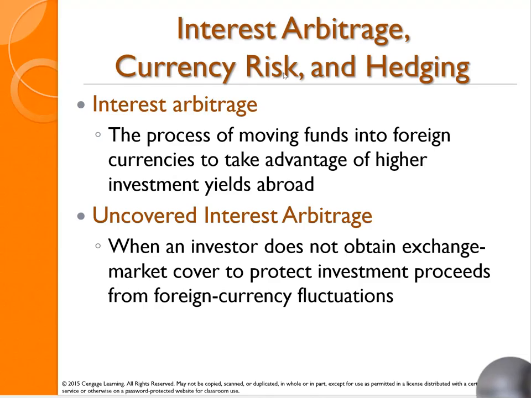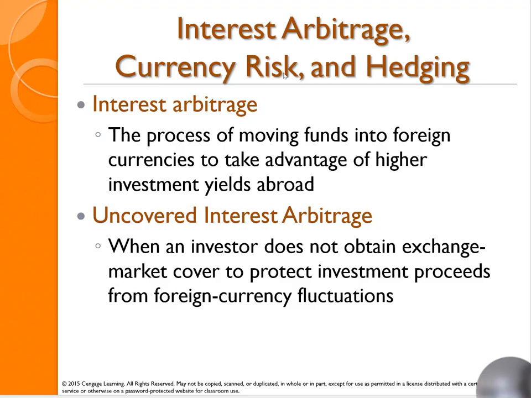Interest arbitrage is the process of moving funds into foreign currencies to take advantage, as it says, of higher investment yields abroad. If one country is paying more on its government bonds than the other in interest, it might be to your advantage to buy the currency and then buy their securities.